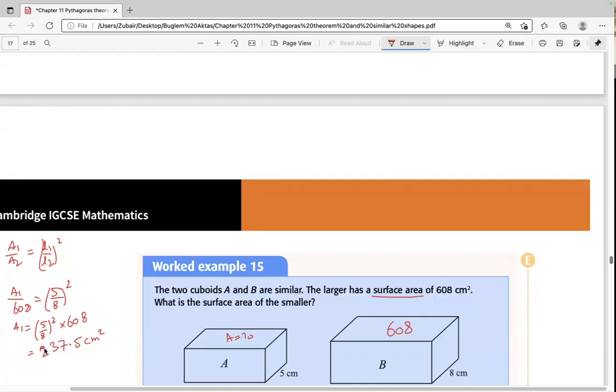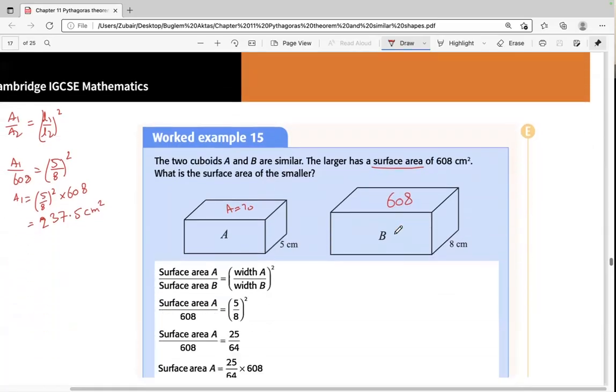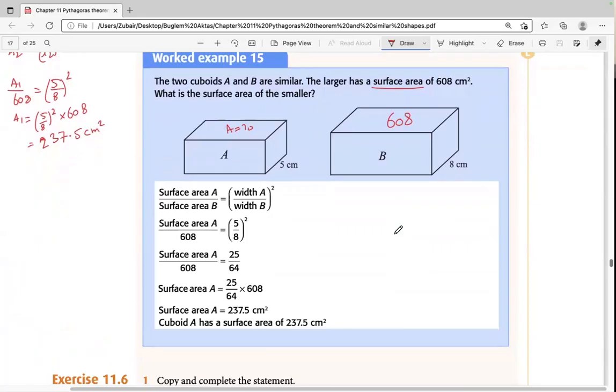Do we have the same answer? I'm quickly redoing it. Yes, so 237.5 centimeters squared.